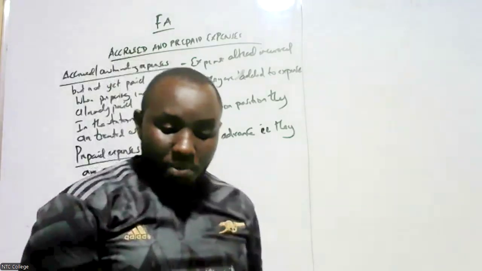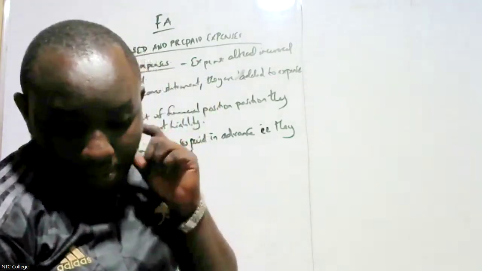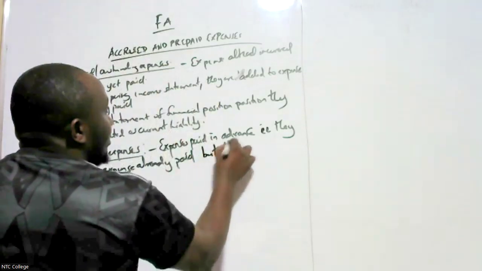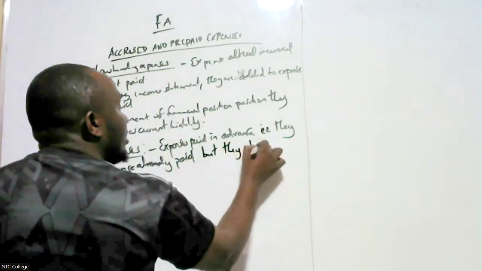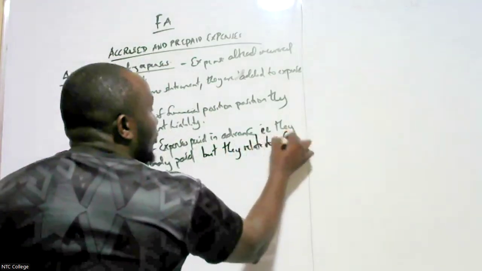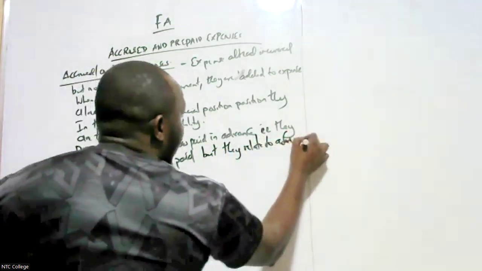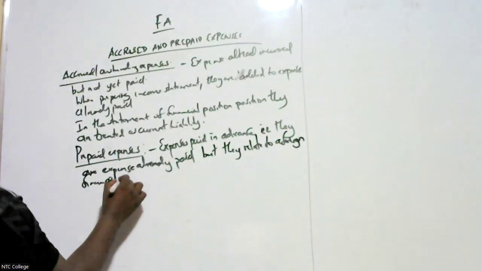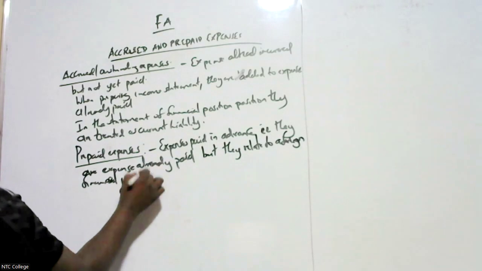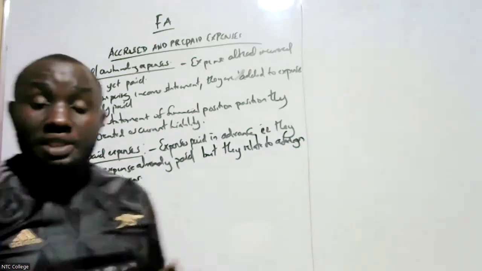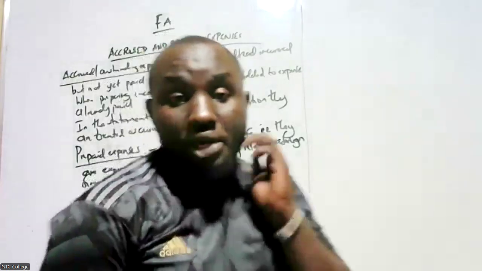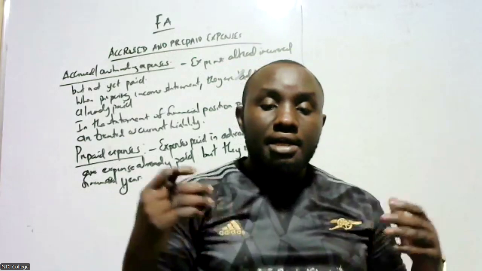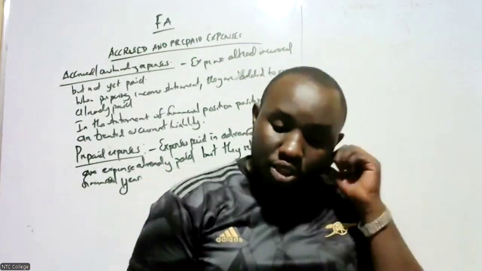They are expenses already paid, but they relate to a future financial year. For example, you paid for expenses for the year 2025 and yet we're in 2024.